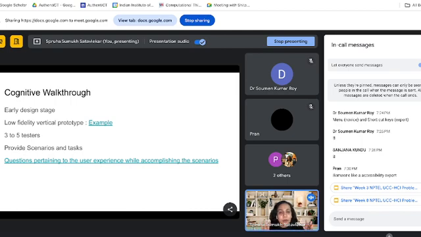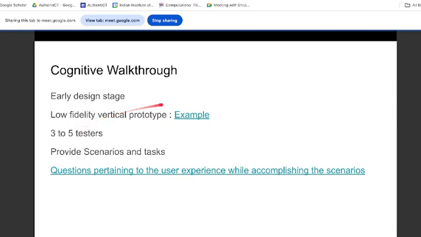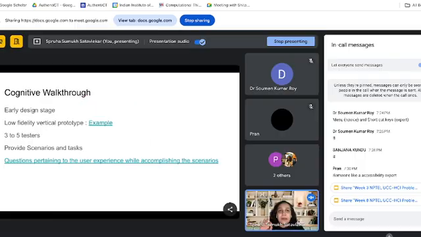So cognitive walkthrough is basically an early design stage evaluation method. It happens in the design part only. You don't need to go to the entire software development. You can simply create a low fidelity vertical prototype. A low fidelity prototype could actually be some drawings on paper also.